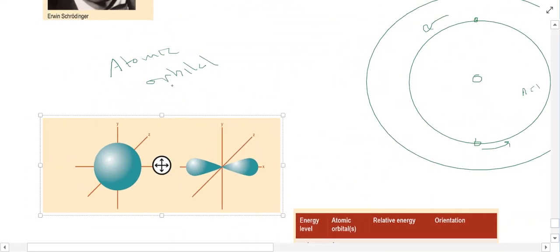A way of thinking about it is, instead of the electron going around in a discrete package, this is like a 3D sphere, and the electron could be anywhere within this region. It's actually spread out all over.